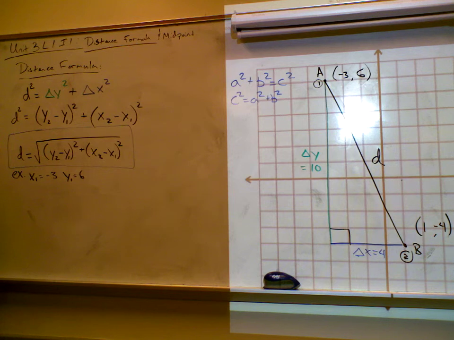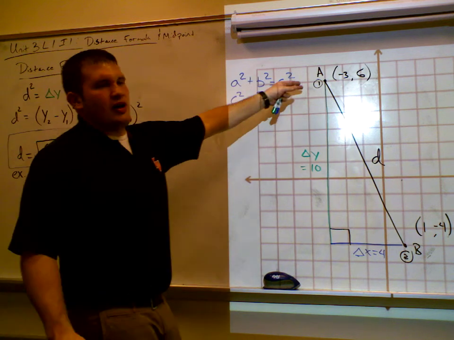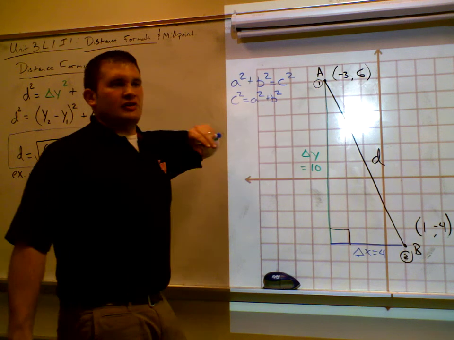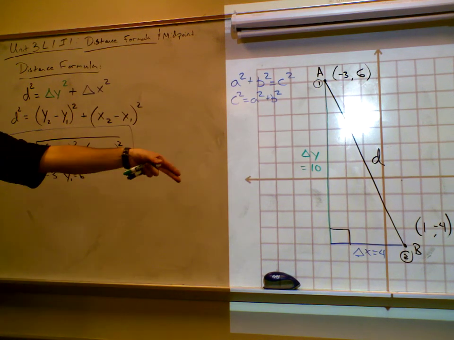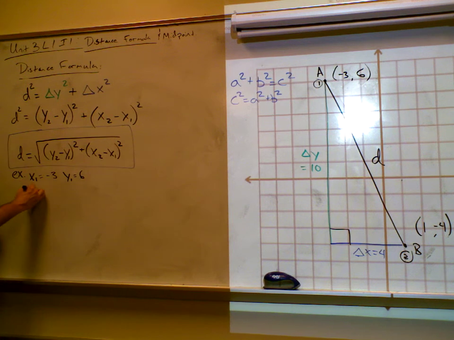You just pick. We picked this to be 1. That's why -3 is x1. We could just as easily pick b to be number 1. Alright, x2 is what? 1. Y2 is -4. So now I take these x1s and y1s and x2s and y2s and I plug them in here where it tells me to.